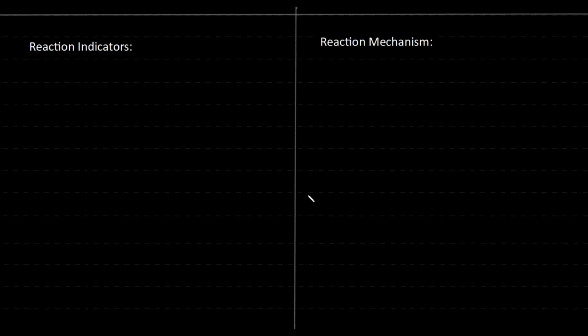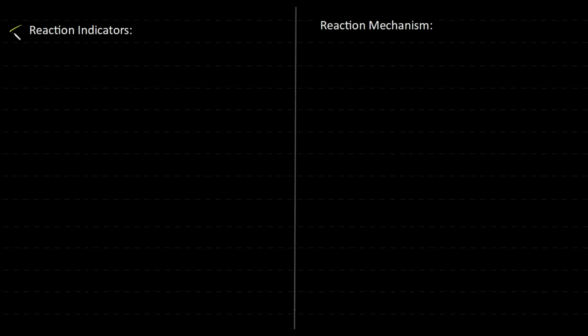Now, what are the indicators? This is one thing that you have to keep in mind. So the first thing is color change. Color change in solid. There's no liquid over here to begin with.